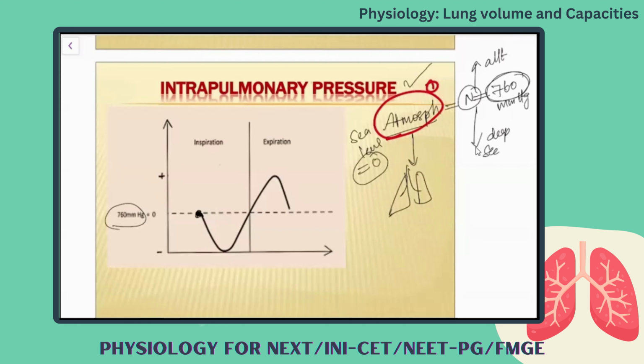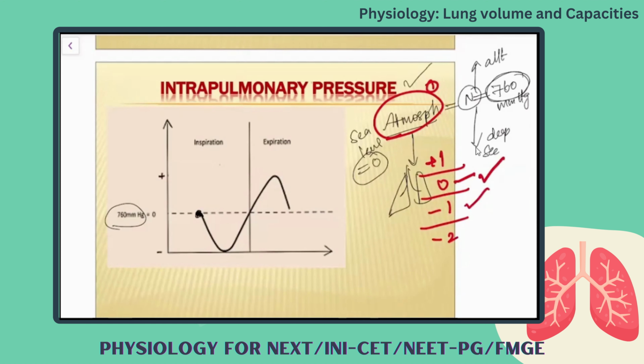Now the atmospheric pressure is 0. If the air has to move from the atmosphere into the lungs, the lung pressure should be below 0. Next you have -1, -2, and the higher value is +1. So atmospheric pressure is 0. It is standard. We cannot change the atmospheric pressure, right? So the lungs should have -1 as their pressure in order to make the air move from the atmosphere into the lungs.